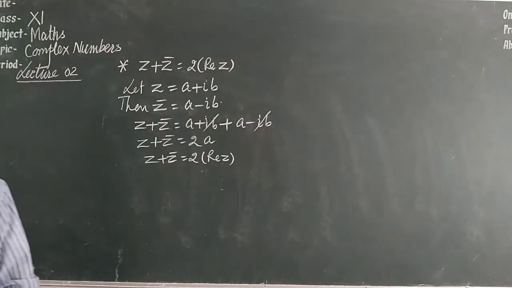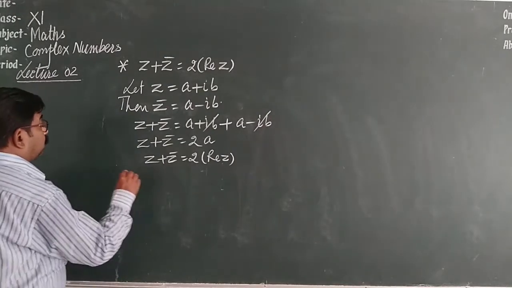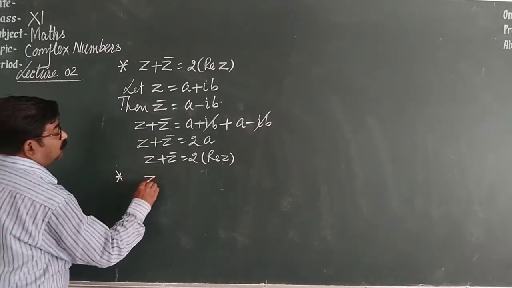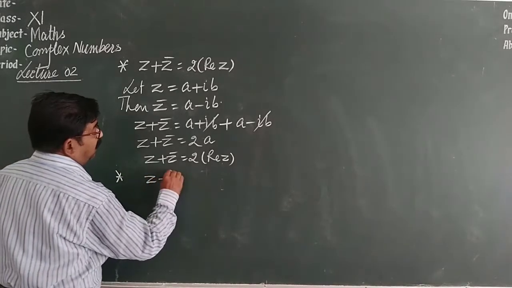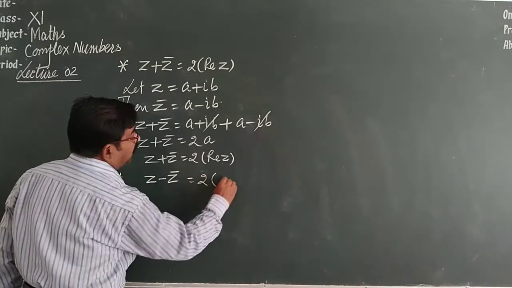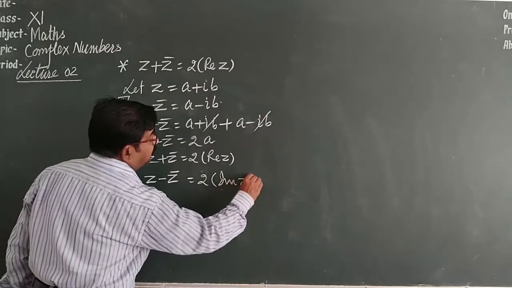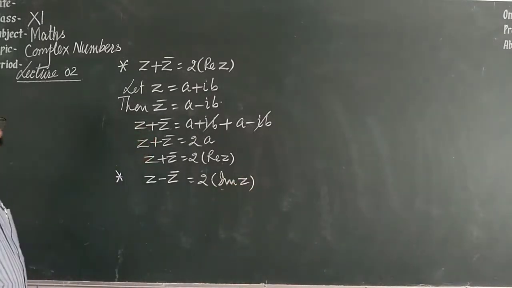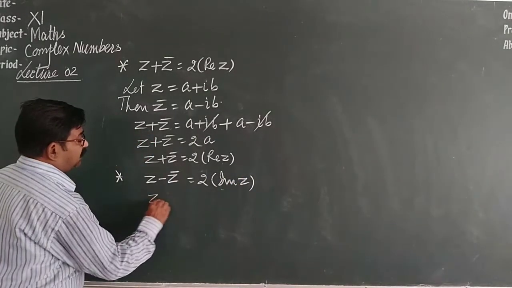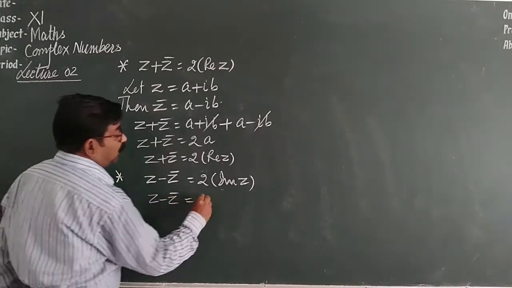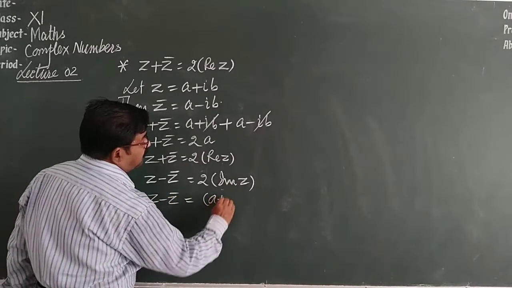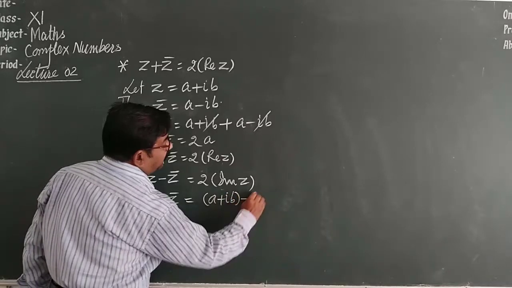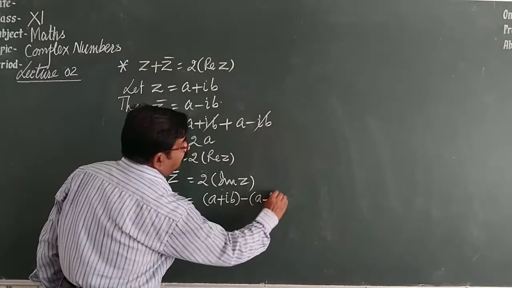Now similarly, the difference: z minus z bar is equal to 2 times imaginary z. Let's see. z minus z bar is equal to a plus ib minus a minus ib.